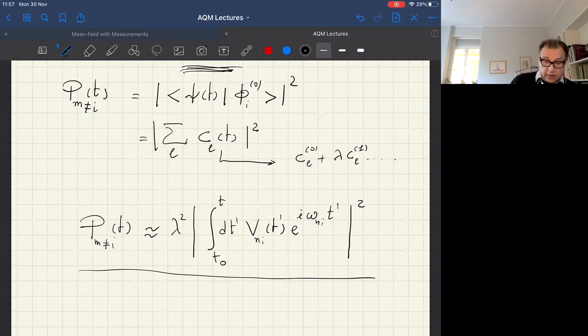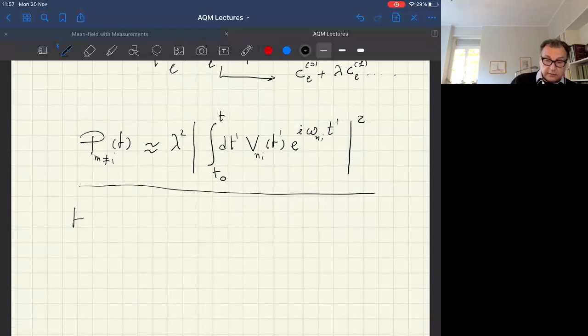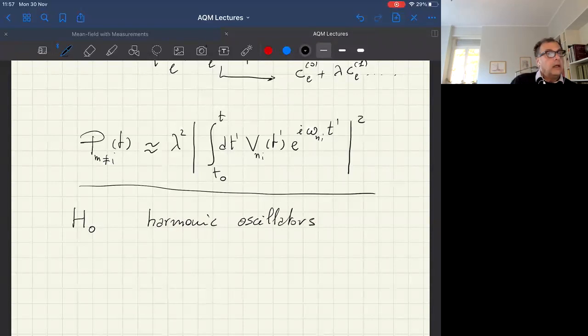Suppose the following. So I have H0, a harmonic oscillator. And then you apply a perturbation which has this form: lambda V of t is equal to q epsilon x e to the minus t squared over tau squared.